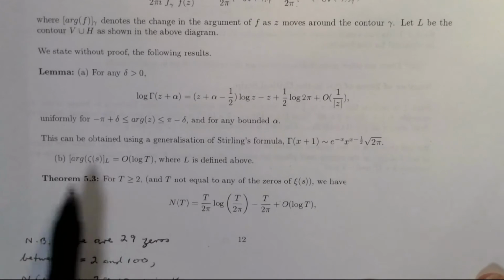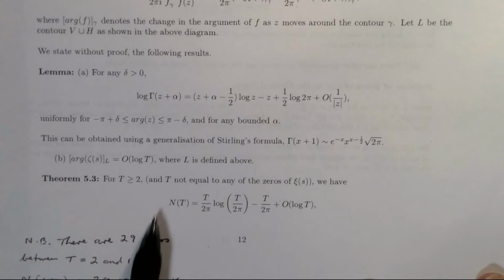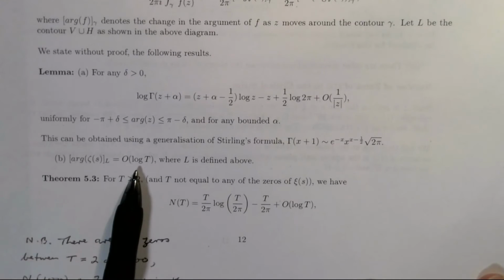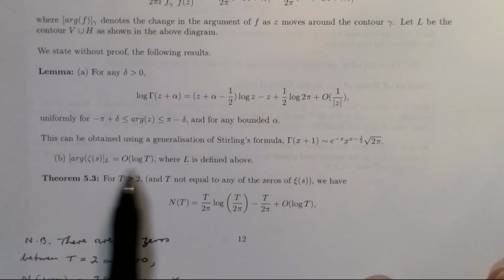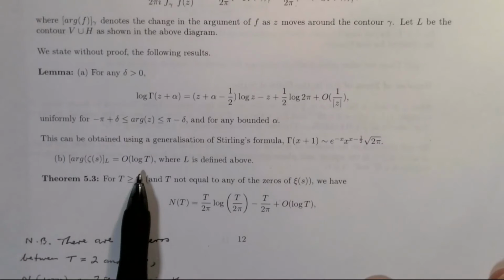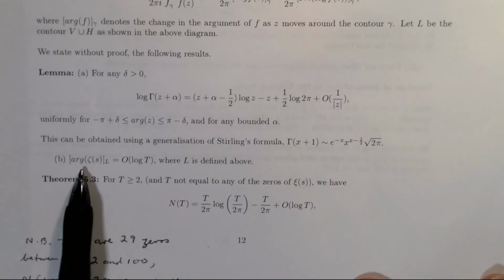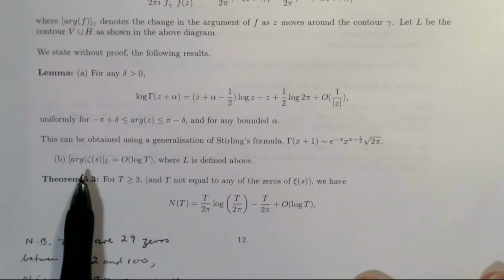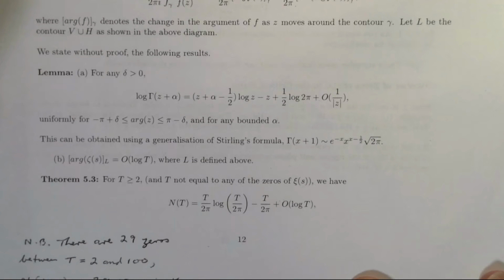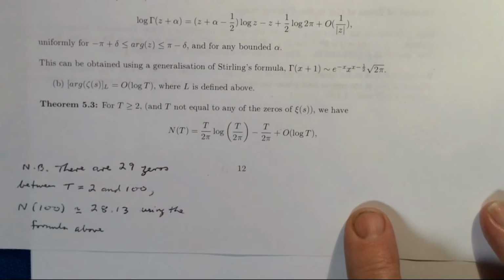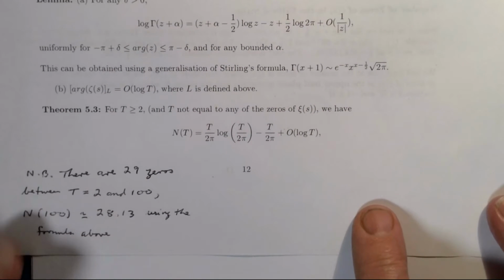And that change in argument turns out to be big O log t. Again, this is time consuming to prove, but it's in most books on complex analysis that deal in analytic number theory that deal with this particular question of the number of zeros. Now here's our big result, and it's a fascinating result, and it's very important.